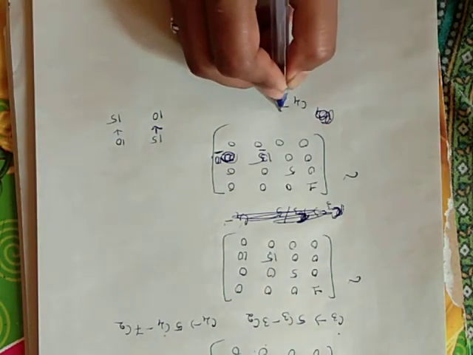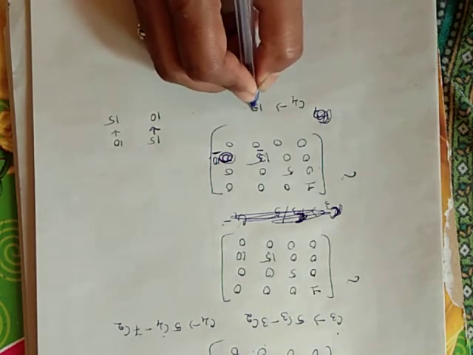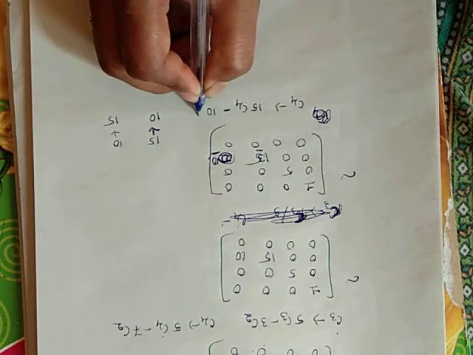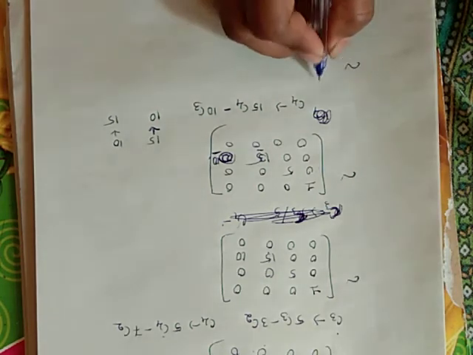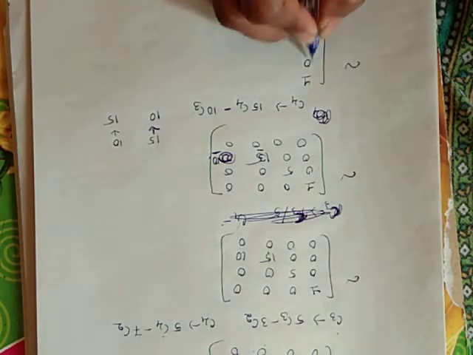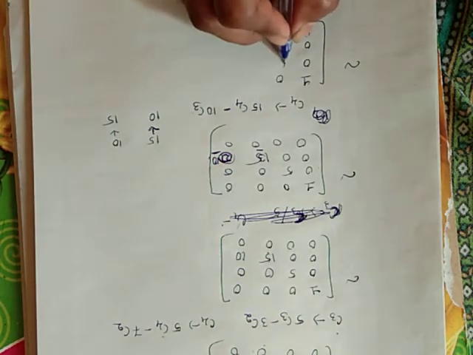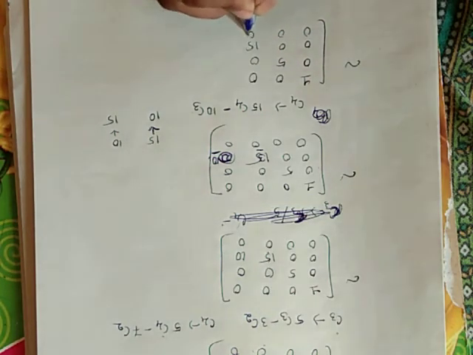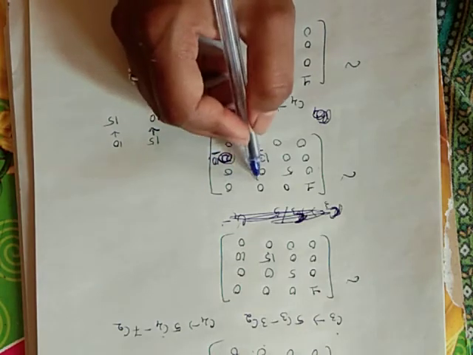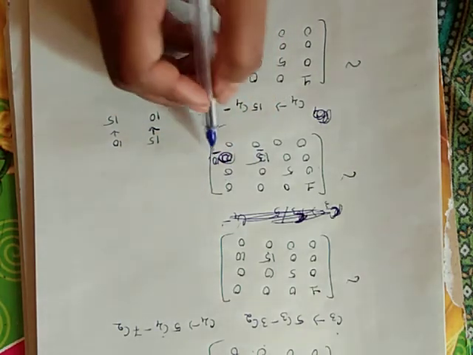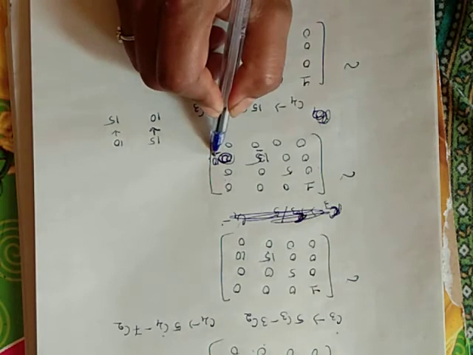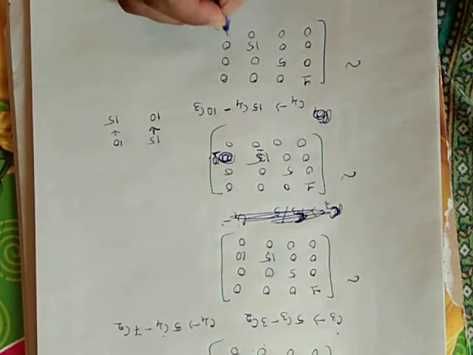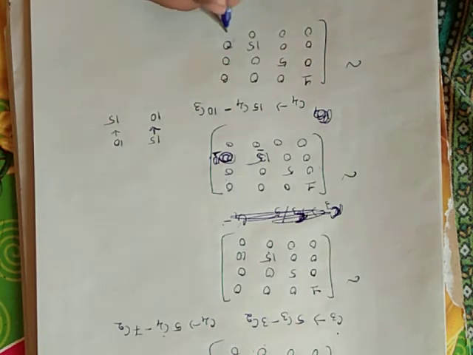C4 tends to 15 into C4 minus 10 into C3. 1 0 0 0, 0 5 0 0, 0 0 15 0. So here these two terms are 0, these two terms are 0. 10 into 15, 150, 15 into 10, 150, 150 minus 150, 0.